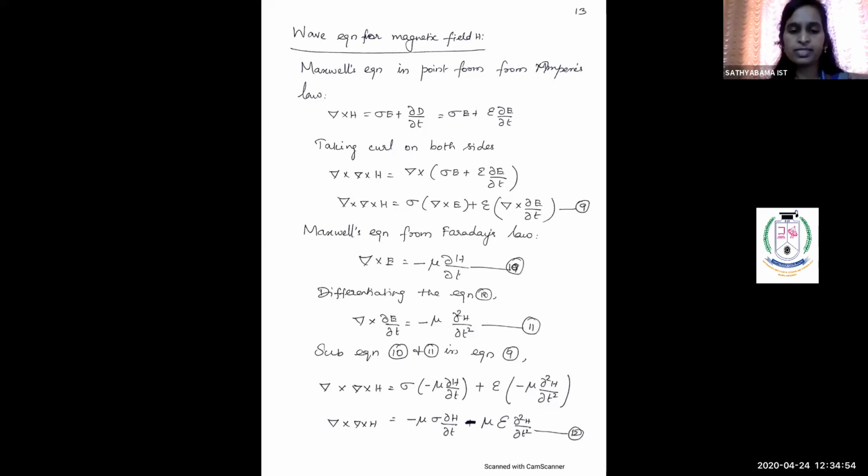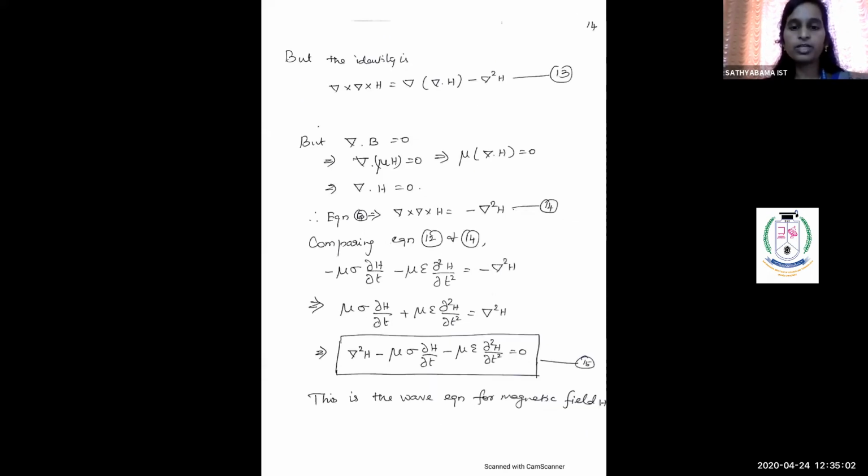In this you have the left hand side del cross H, so we can equate our 12th equation with our 14th equation, that is minus del square H. When you equate these two equations and simplify, you get mu sigma dou H by dou t plus mu epsilon dou square H by dou t square is equal to del square H. So when you simplify this, you get del square H minus mu sigma dou H by dou t minus mu epsilon dou square H by dou t square is equal to 0.